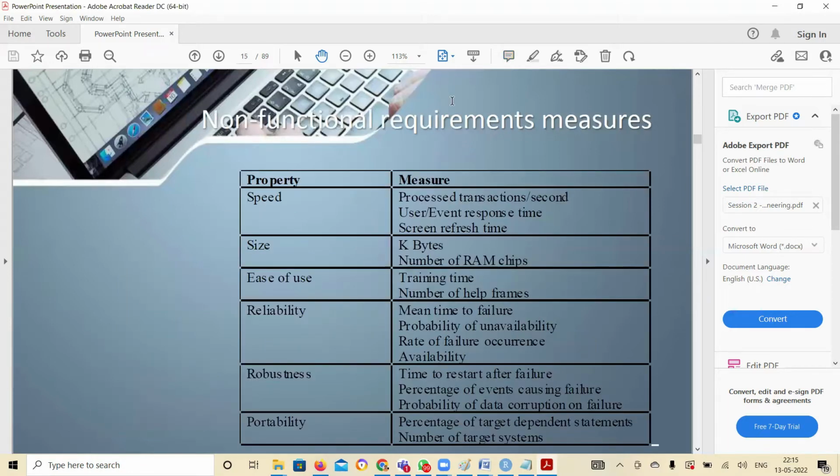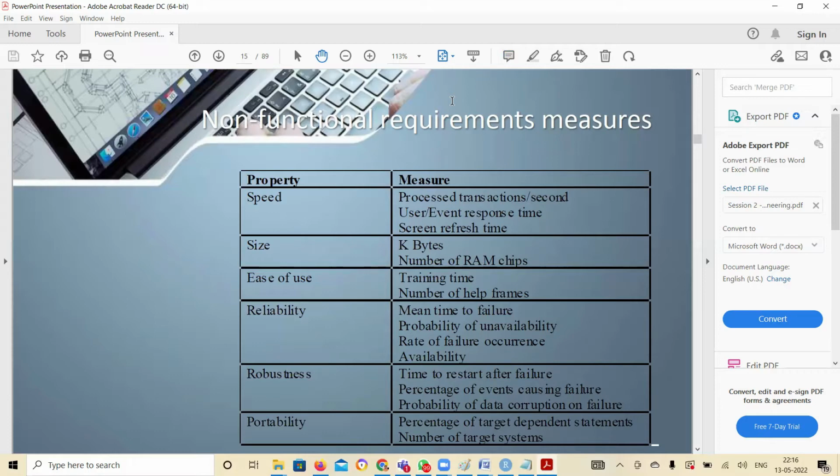So now you see, these are the units. How do you measure the performance of your non-functional requirement? Speed: it is efficiency that we spoke about.